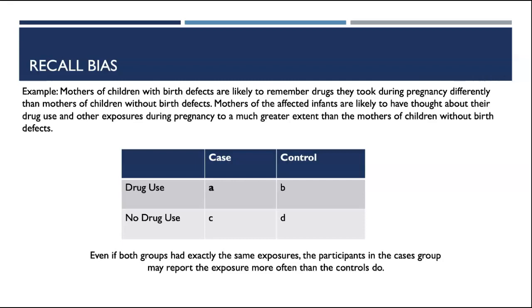So, even if both groups had exactly the same exposures, the participants in the cases may report the exposure more often than the controls. If you're looking at this 2x2 table, your cases are going to over-report being in this cell here versus the past recall of those controls. The cases have really had some time to think about why they had that outcome, and so there might be issues in recalling that past exposure.